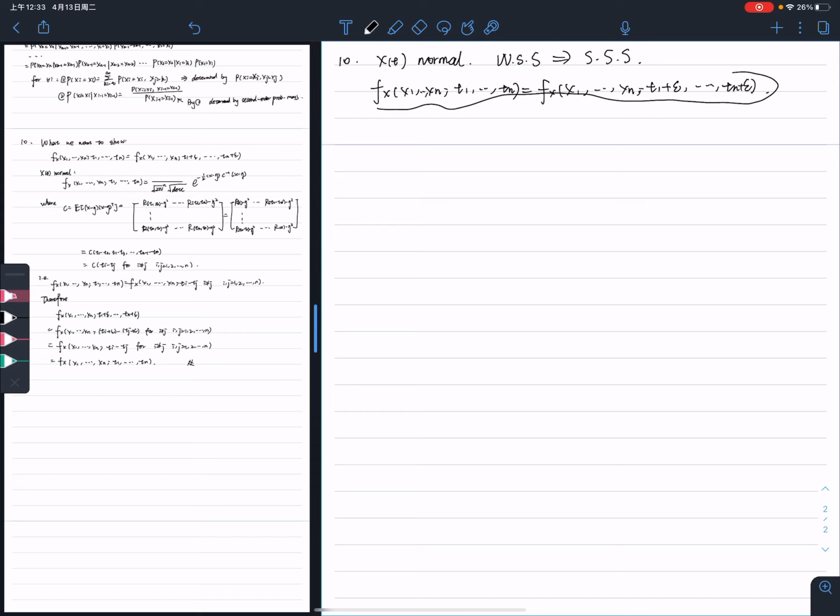So firstly, we'll write down the probability distribution for the normal process.